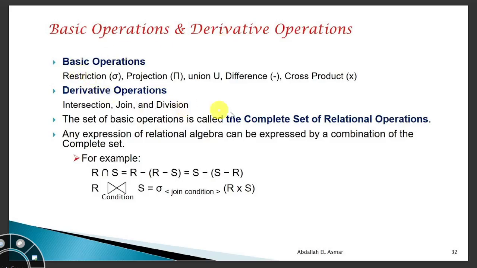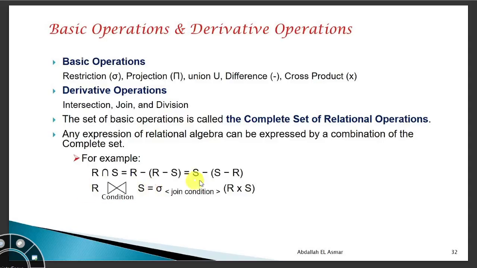So now this operation is called the complete set and expression. R intersection S is equal to R minus (R minus S), or S minus (S minus R). R joined to S using a condition is equal to a selection.